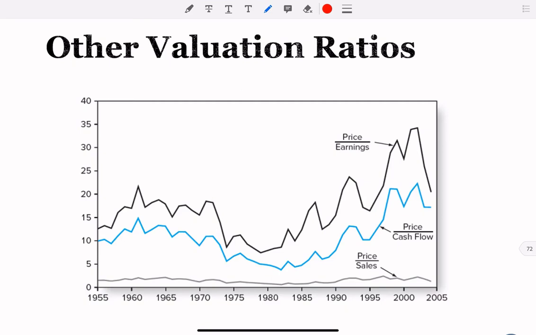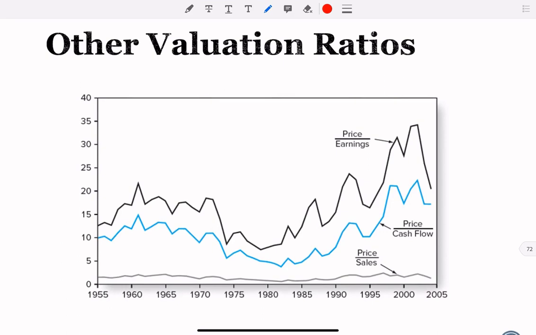And also you can see that empirically, the PE ratio, price to cash flow ratio, and PS ratio, on average, they typically give you the same result. Right?